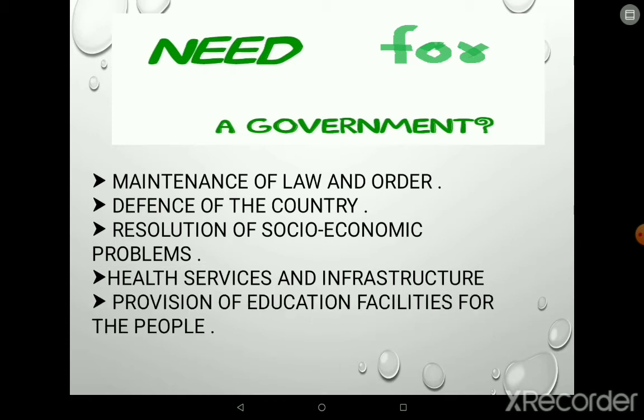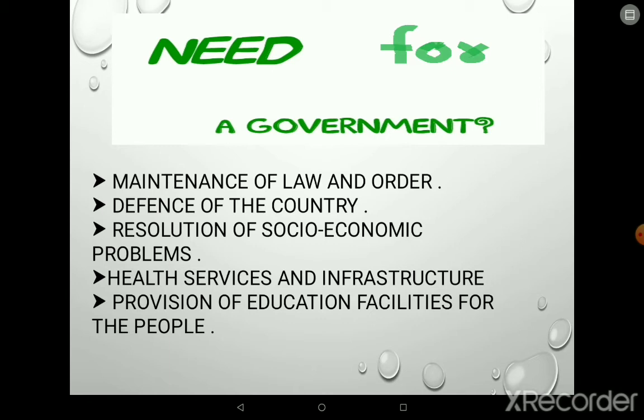Next is the education facilities for the people. To educate the masses, the government has established many schools and colleges. It has also launched various programs to remove illiteracy.